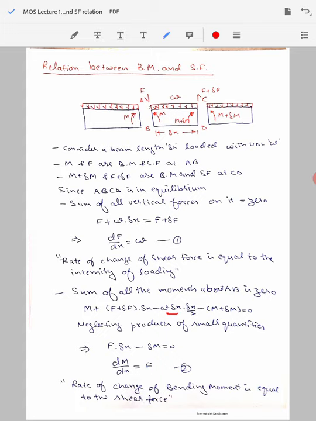As we know, for the uniformly distributed load, for the purpose of taking the moment, we can assume it to be acting exactly at the middle, at a distance of delta x by 2. So w dot delta x multiplied by delta x by 2 will be the moment caused because of the impressed force, and it will be acting in the clockwise fashion, so there will be a negative sign preceding it.